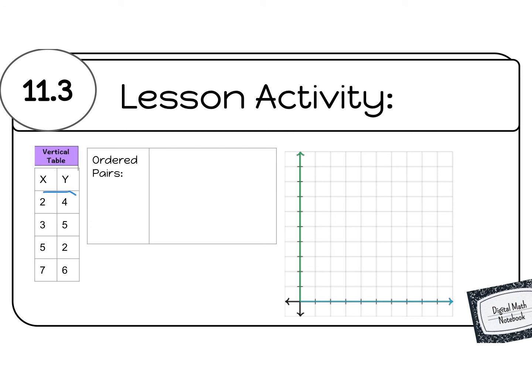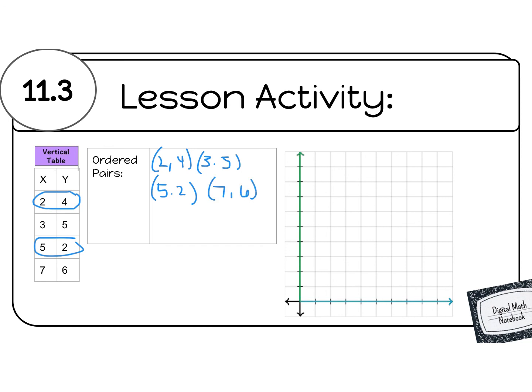Our first ordered pair is 2, 4. Remember that X has to come first, so 2, 4. My next ordered pair is 3, 5. Then I have 5, 2, and 7, 6.